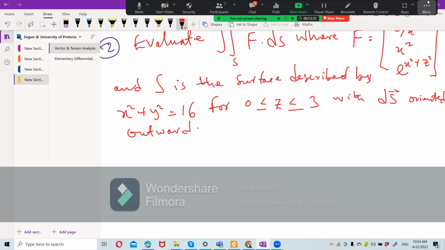Let me keep this one first so that all of us can be on the same page. When you have x squared plus y squared equals r squared, who can still remember that? What does this equation mean to you? Pythagoras theorem, sir.